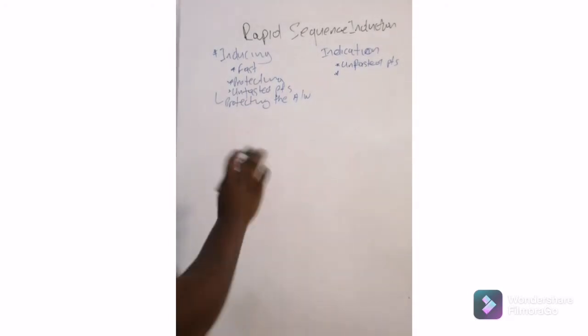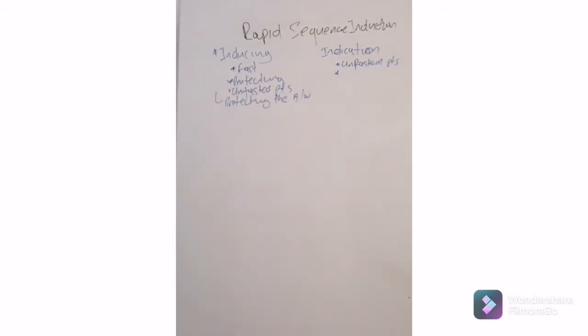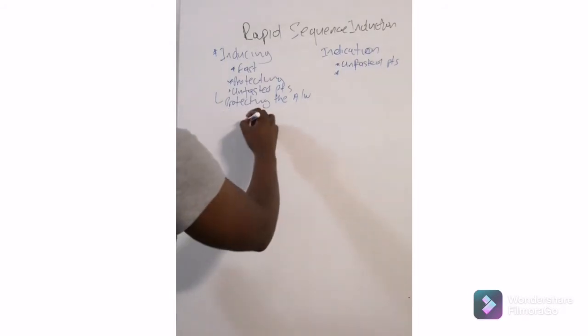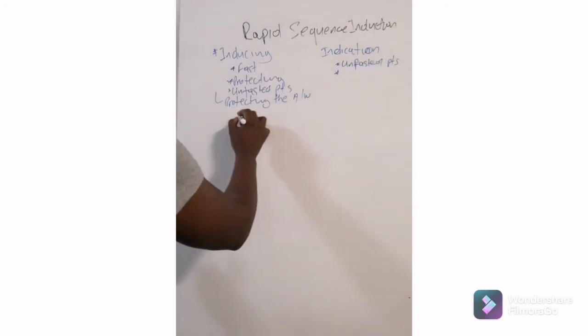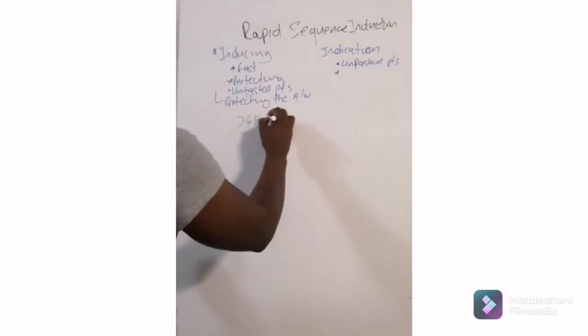The fasting protocol states that a patient who's going for an operation should not have anything. Most people are fasted overnight, but the guideline says it must be at least more than 6 hours.